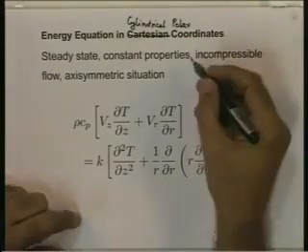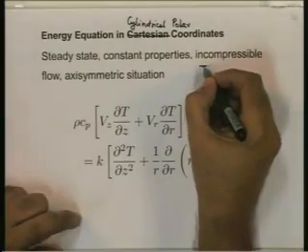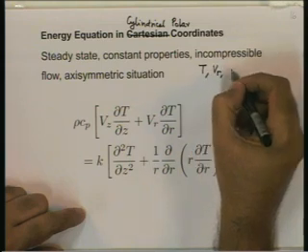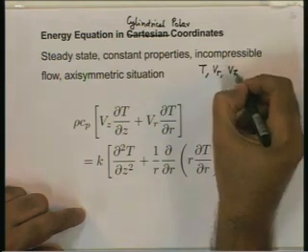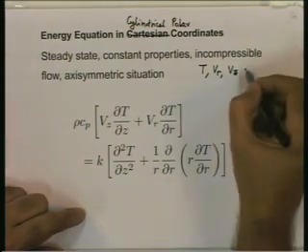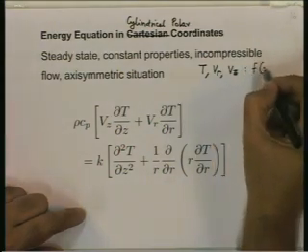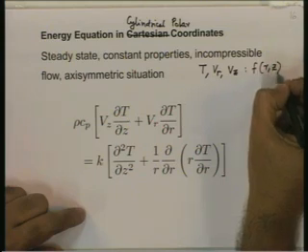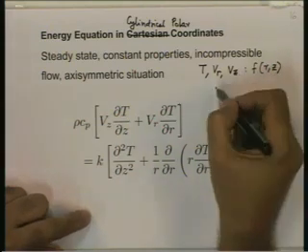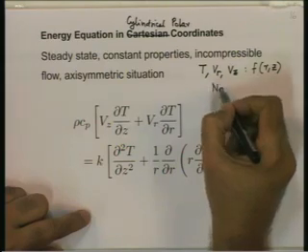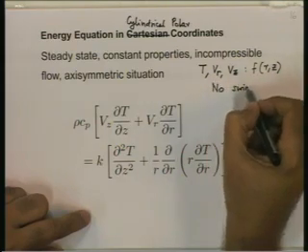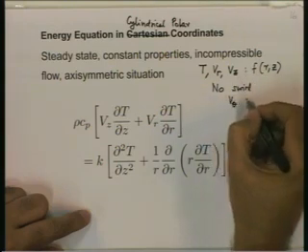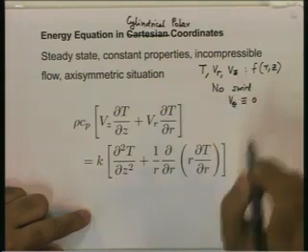It also assumes that temperature, Vr and Vz, these are functions of only the radius and the axial coordinate z, and there is no swirl, and that means V theta is 0 everywhere.